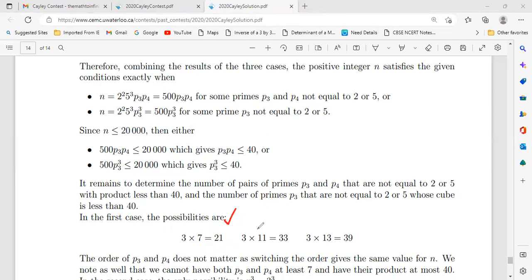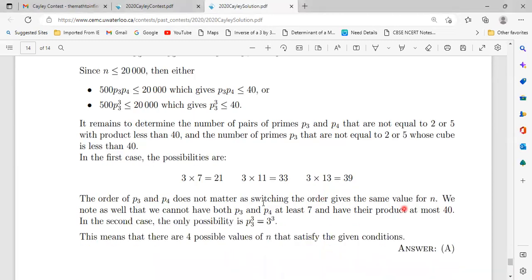So if you go to the next one, 3 into 11, 33. Yes, we can do that. It is also less than 40. If you try with 13, 3 into 13 will give you 39. Of course, it is also less than 40. Yes. So now you do have one, two, three possibilities.